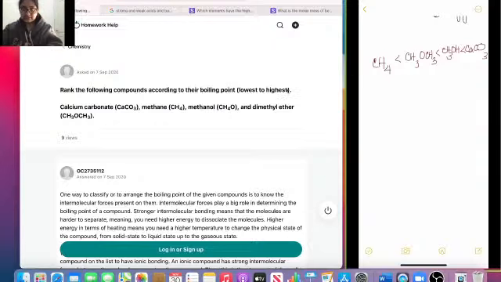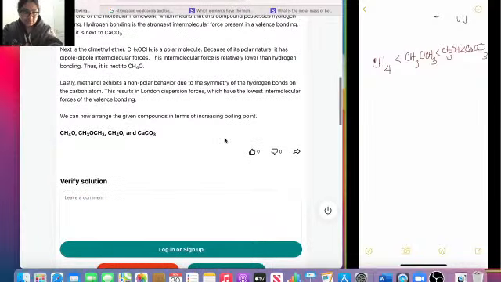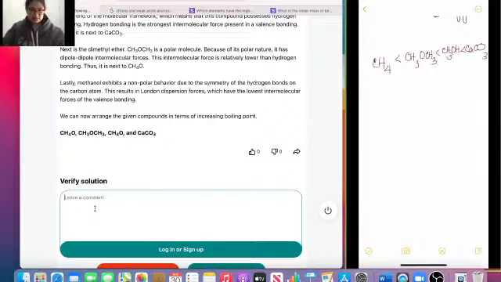Okay, so I guess this is supposed to be methane, so we can say here that this is supposed to be CH4, and it's supposed to be CH3OCH3, CH3OH, and CaCO3.